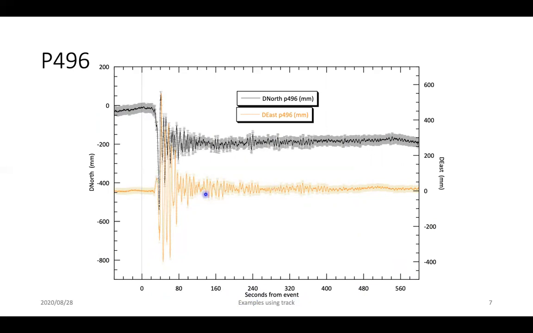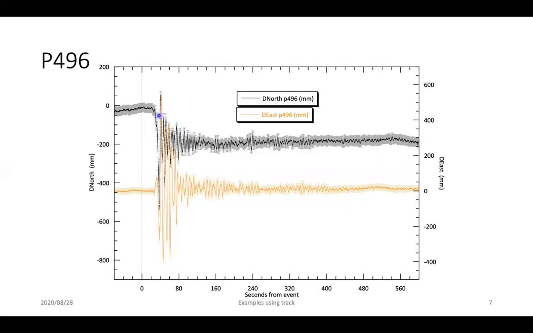In the orange is the east component, in the gray is the north component, and you can see very clearly the arrival of large surface waves from the earthquake around about 35 to 40 seconds after the initiation of the rupture.